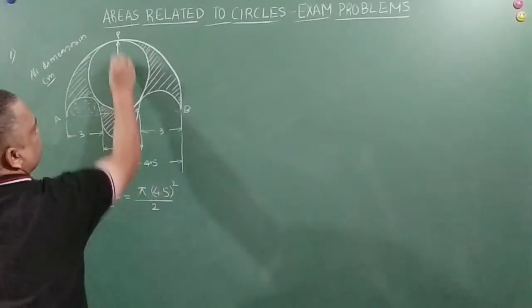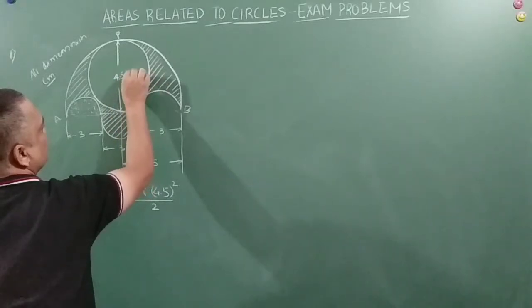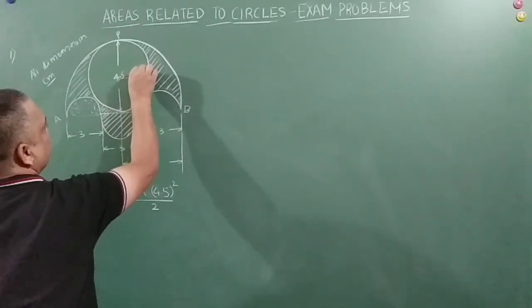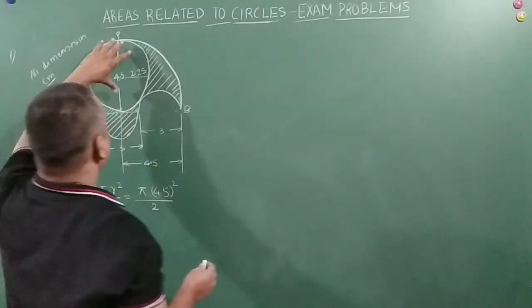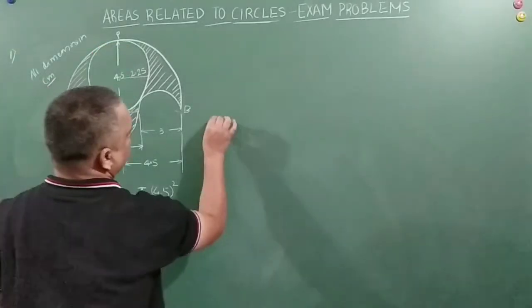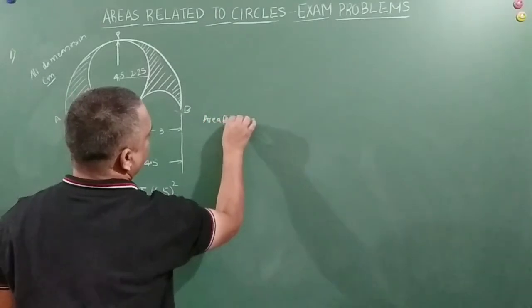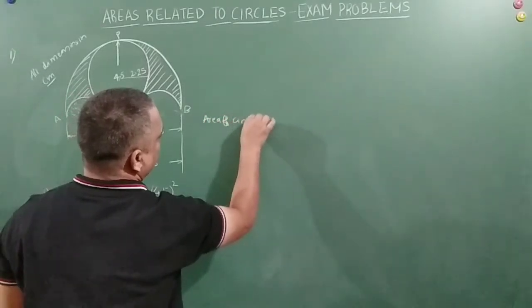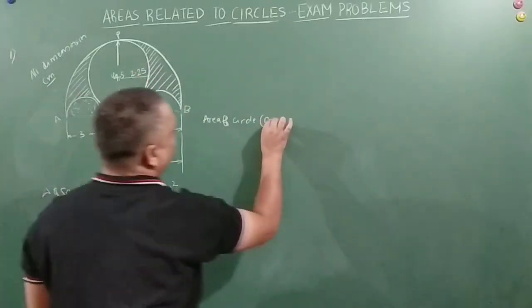Minus area of this circle, right friends? So area of this circle, if the diameter is 4.5, then the radius will be how much, friends? 2.25. Are you there with me? Radius will be 2.25. So area of circle, we denote it by center, let's call the center as O, and radius 2.25.